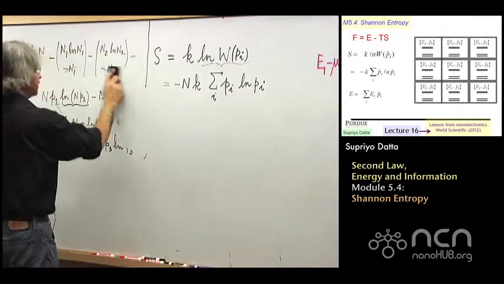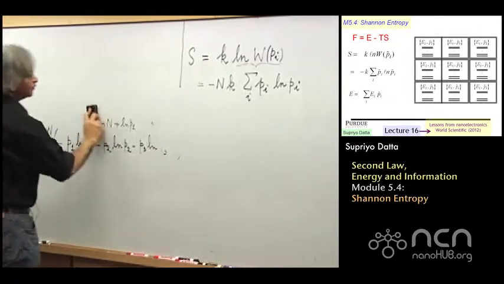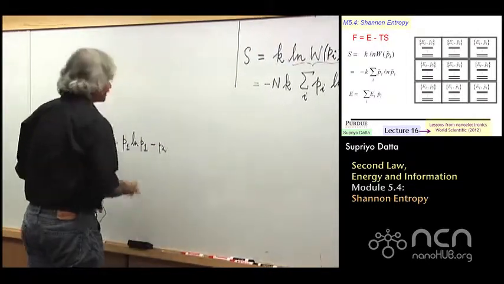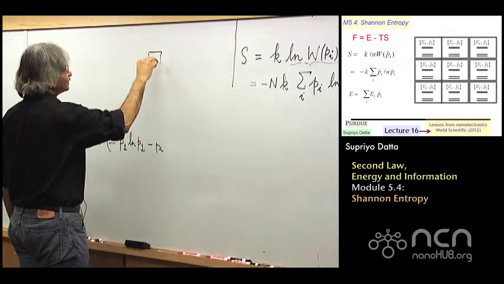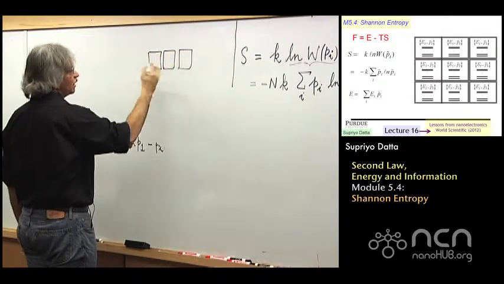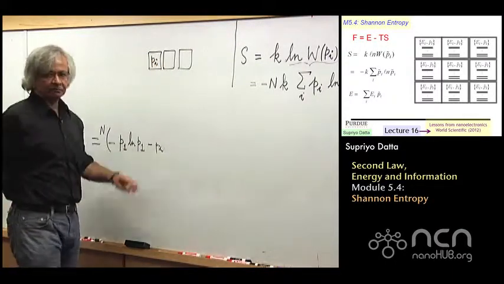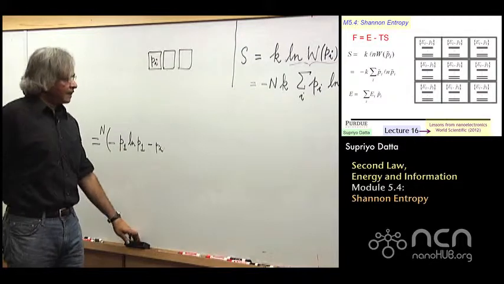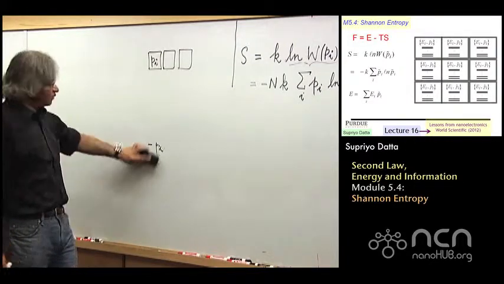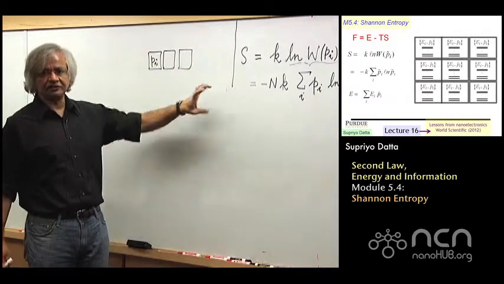And again, the picture to remember is that we are thinking of a collection of identical objects, lots of them, and each one has a bunch of states that it can occupy with various probabilities. See? And this form, you can relatively easily apply to different systems.